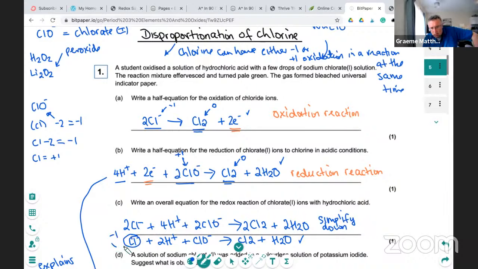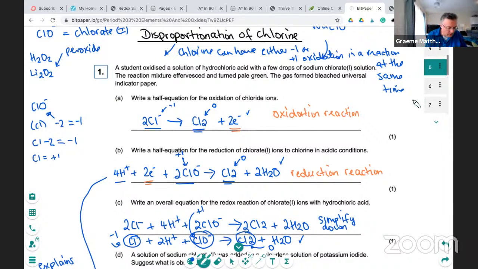And up here, the chlorine in ClO minus is +1. And this is obviously going to be 0 oxidation state. This is the reason why they like doing chlorine as an example, because it's one of those halogens that will actually go +1, 0, -1. It's an exam board favorite, okay?